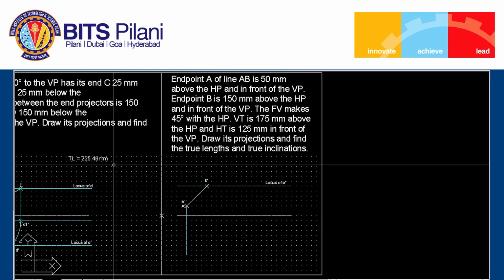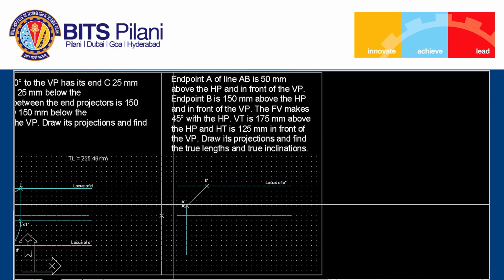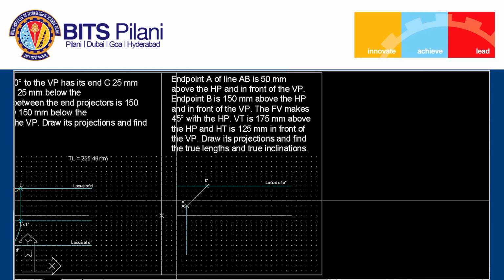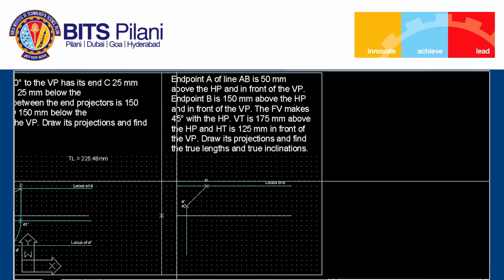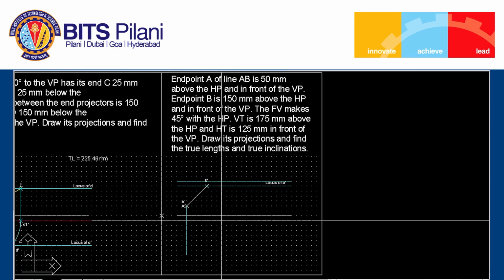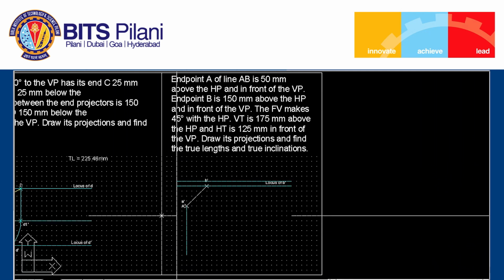Well, next, here we can draw the locus for VT as well as the locus for HT. VT is given 175 mm above HP, so I can draw the locus for it. Similar way, HT is 125 millimeter in front of VP.